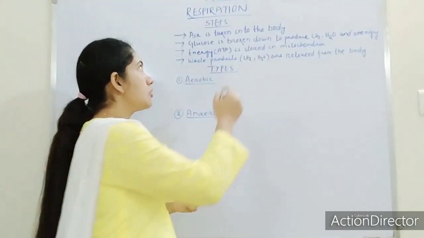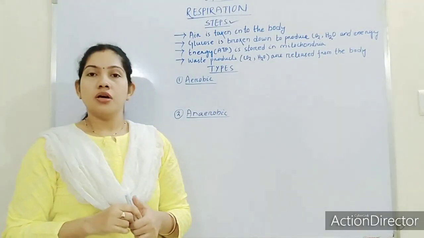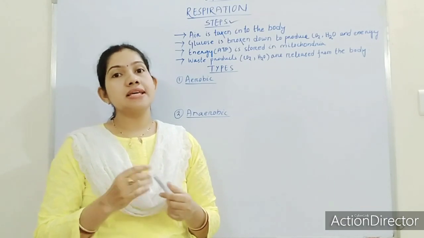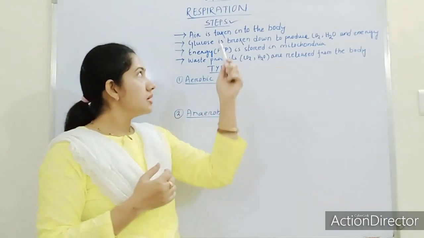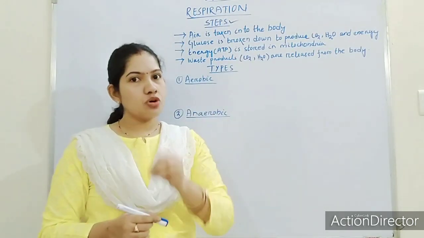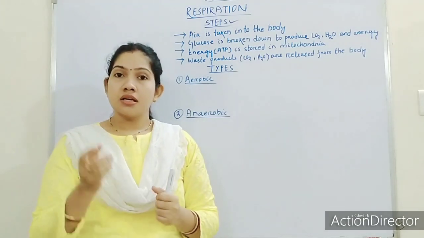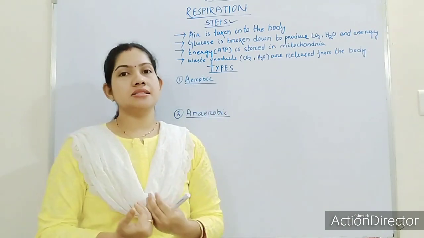Let us see what steps are involved in the process of respiration. The first step in respiration is inhalation, taking of oxygen. Here I have written: air is taken into the body. Air contains oxygen, and the first step in respiration is that we, or plants, take air inside the body.